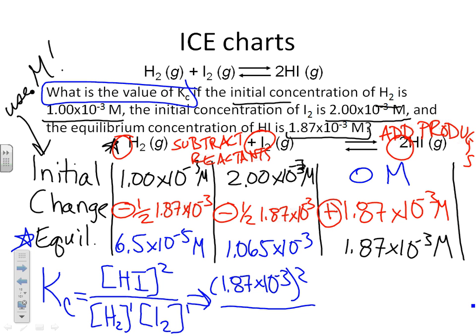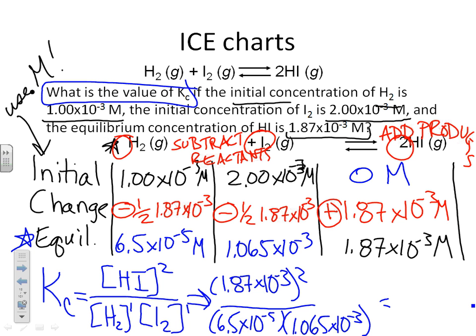The 2, the coefficient, comes into play by the fact that you're squaring it. That's where you're taking care of it. Then we're going to do 6 divided by 6.5 times 10 to the minus fifth times 1.065 times 10 to the minus third. It's just doing math at this point. It's just sort of plugging and chugging and going from there.